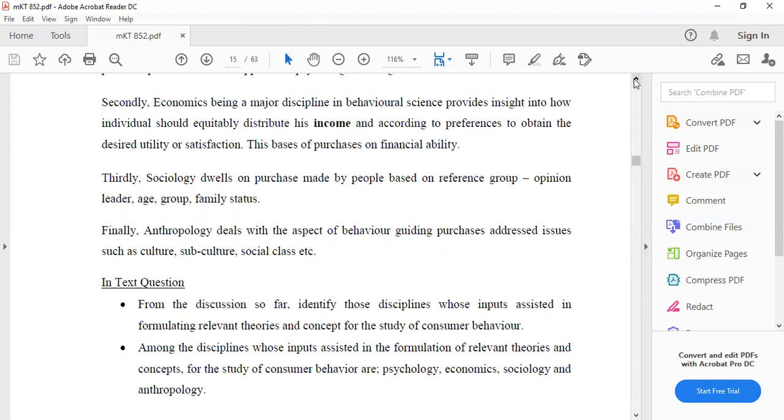Okay, let us also look at sociology as a discipline and how it interfaces with consumer behavior. Talking about sociology, we are focusing on reference groups, opinion leaders, age grades, family status, and a whole lot of them.